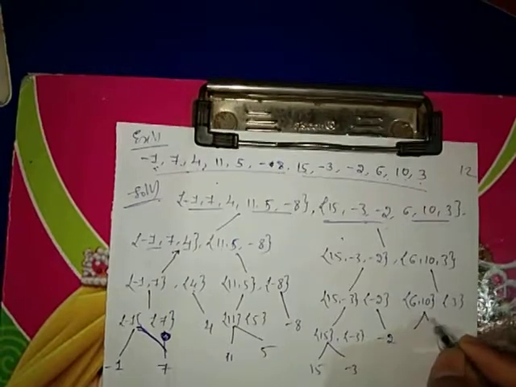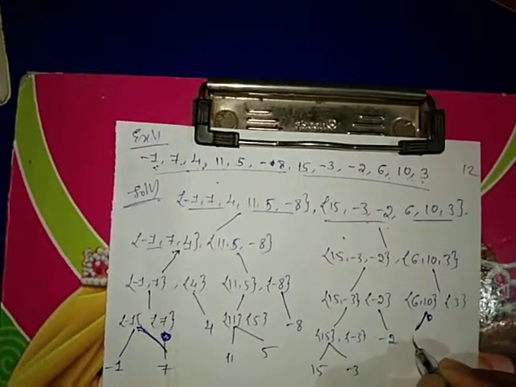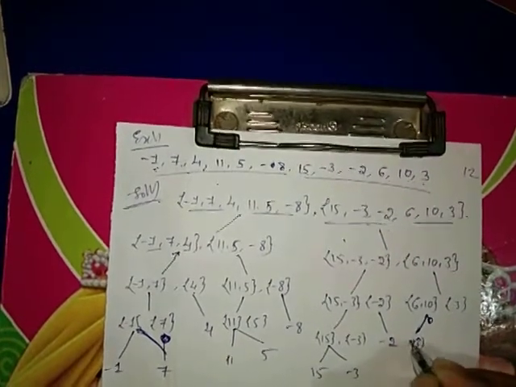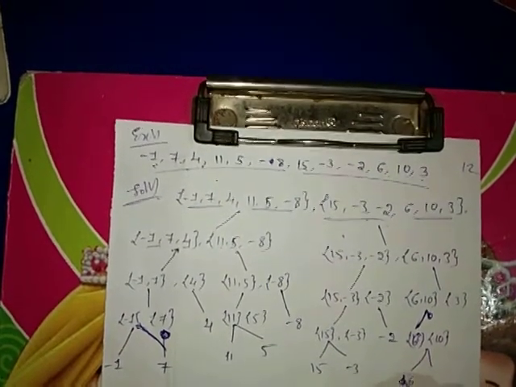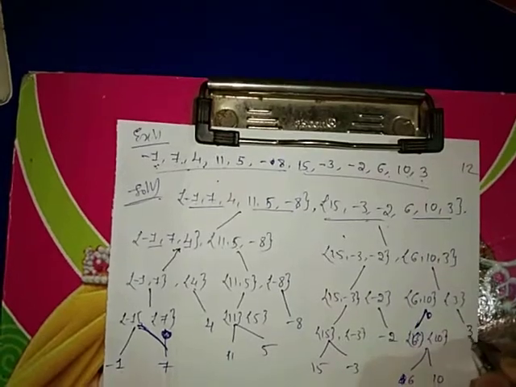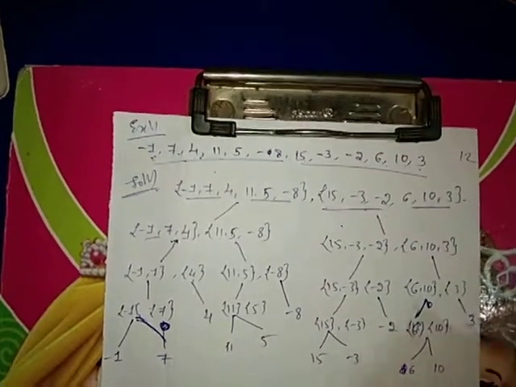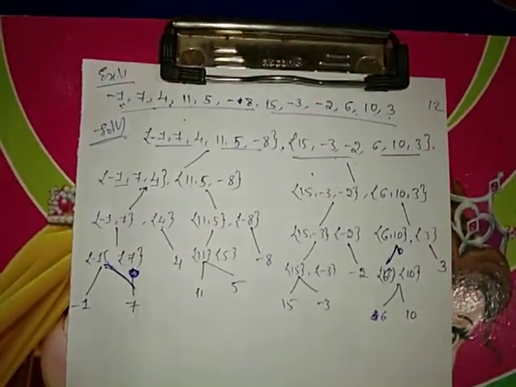Again 6 and 10 will be split as 6 and 10. 3 will be taken as 3 here. So that is how to split the sublists.